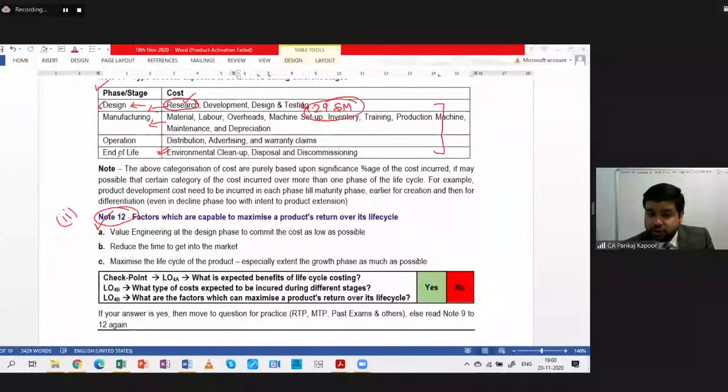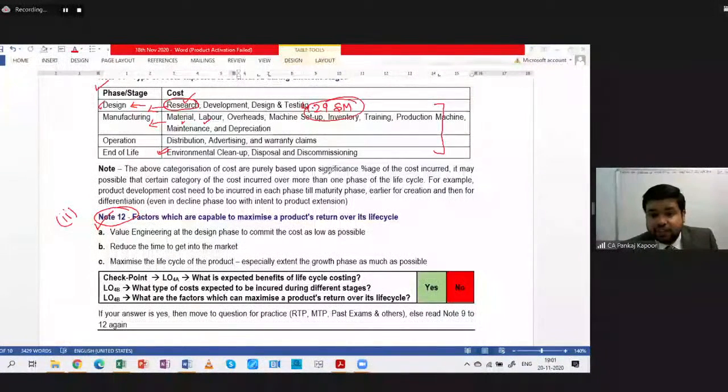So the thing which I mentioned to you, that it may be possible that the material cost or the labor cost, obviously we need to prepare the prototype when we are developing the design. Hence the material cost will be incurred at the design. The labor cost will be incurred when we are in design. The labor cost will also be incurred when we are at the end of the life. So there is no fixed attachment that the cost will be incurred only in the stage against which it is written.